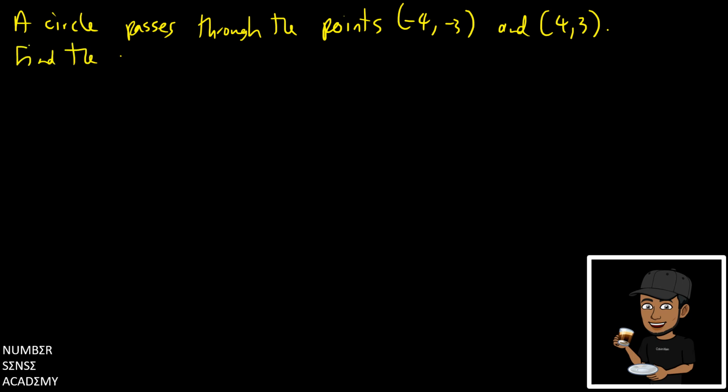Find the radius and the equation of the circle. So we've got to make a couple assumptions here to make this easy. If we don't make these assumptions, then the question becomes much more difficult.